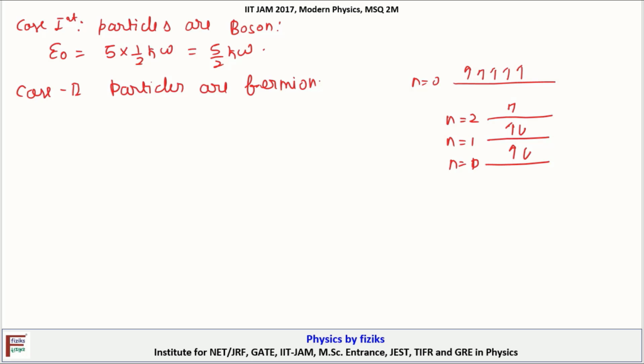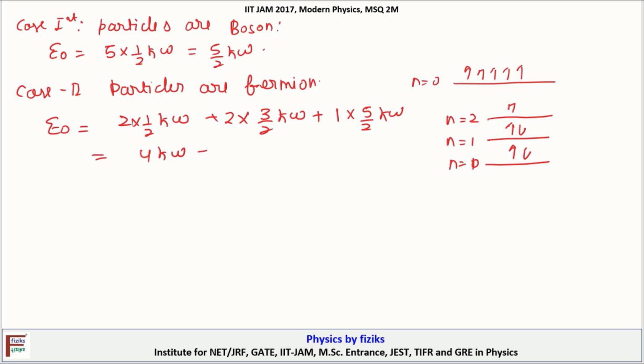So the energy in this state would be 2 into 1 by 2 h cross omega plus 2 into 3 by 2 h cross omega plus 1 into 5 by 2 h cross omega, that is 4 h cross omega plus 5 by 2 h cross omega equals 13 by 2 h cross omega.